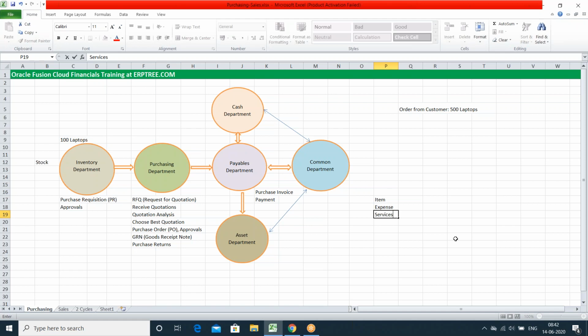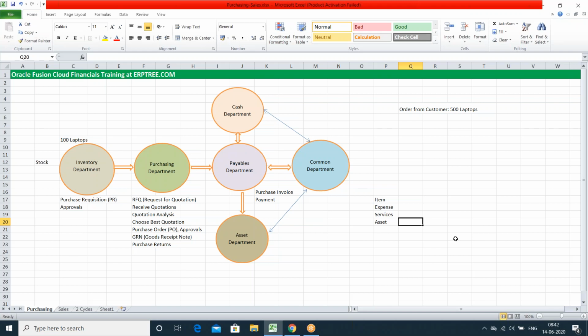To make service-related payments, you may create the purchase invoice. Or else the purchase invoice may be related to an asset purchase, where our organization is purchasing a car or machinery or land or building. So the organization may purchase an item, spend on an expense, take services, or purchase an asset.